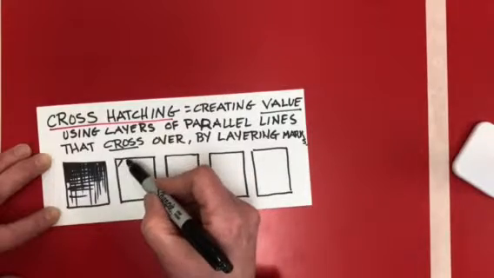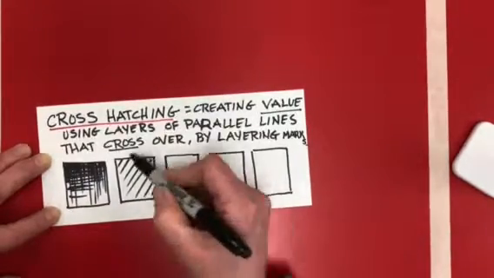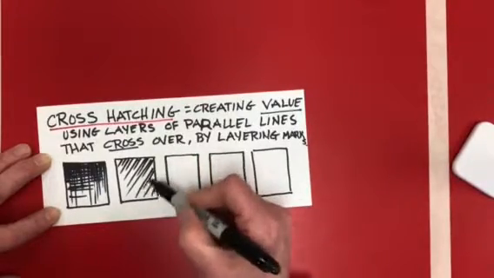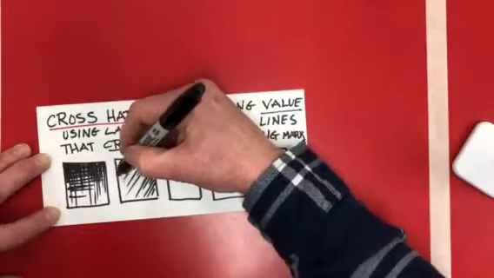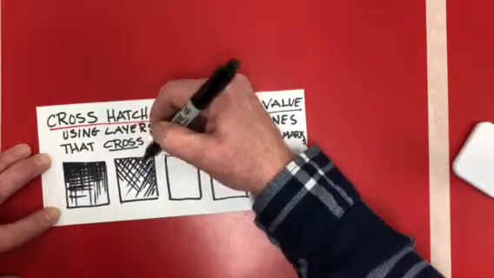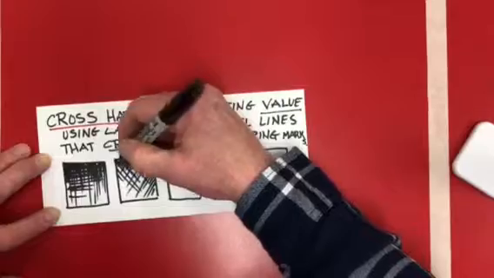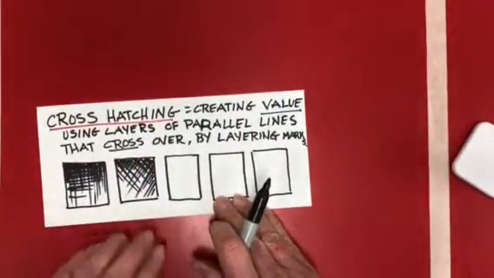Here we could do diagonal lines. So I put a layer of hatch marks down, diagonally going from right to left, and then I can cross back over diagonally with diagonal lines going the opposite way. Makes it an interesting mark. If you compare the two, they look a little bit different.